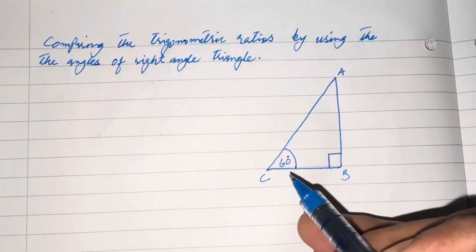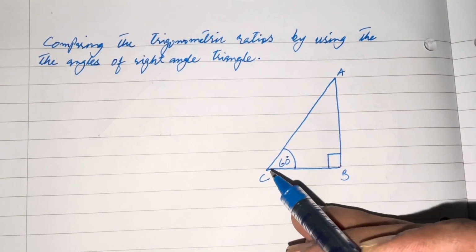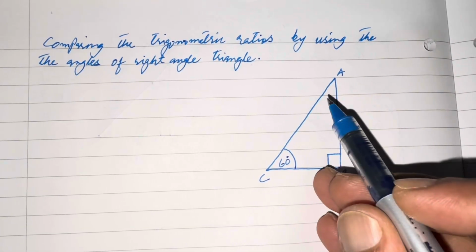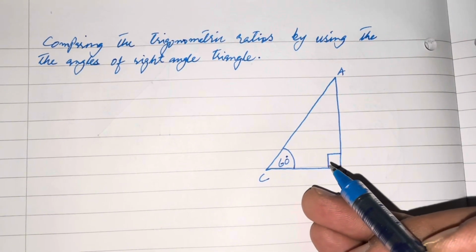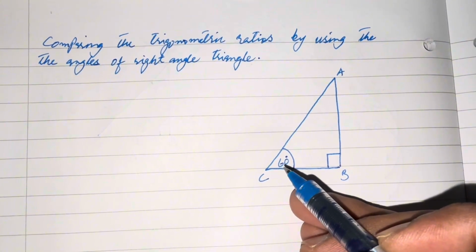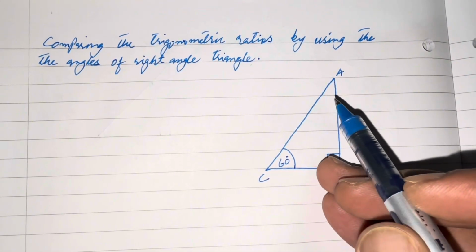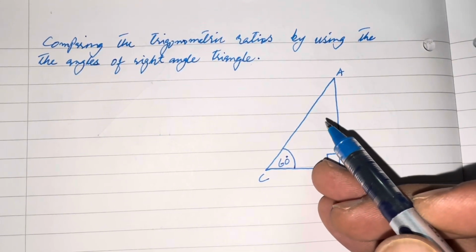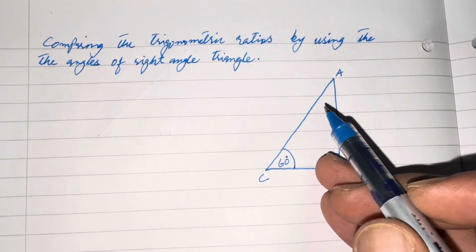So if we say that this angle B is 90 degrees, angle C is 60 degrees, so what will be the angle A that we can find by adding these two angles and subtracting from 180 to find the angle A, because the sum of all the angles of any triangle equals 180 degrees.